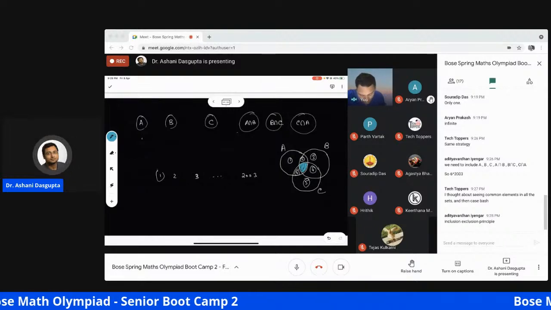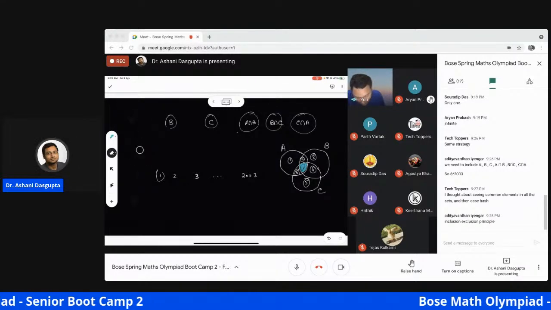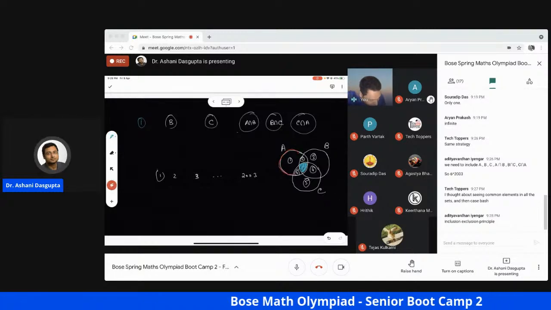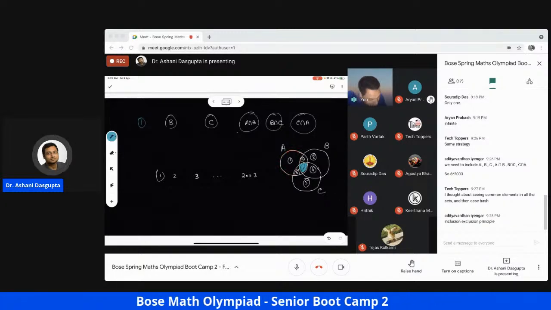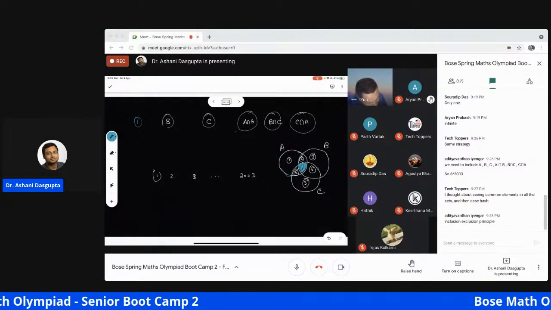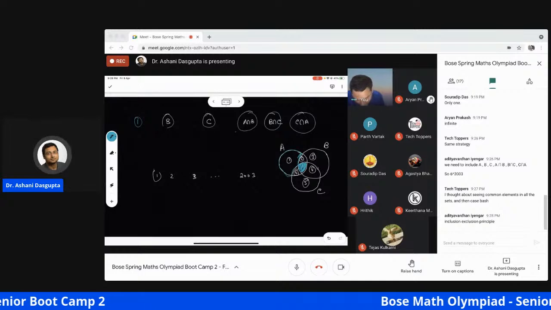So instead of A, I should write 1, which would signify region 1. Region 1 is this, that goes exclusively to A and nothing else, right?